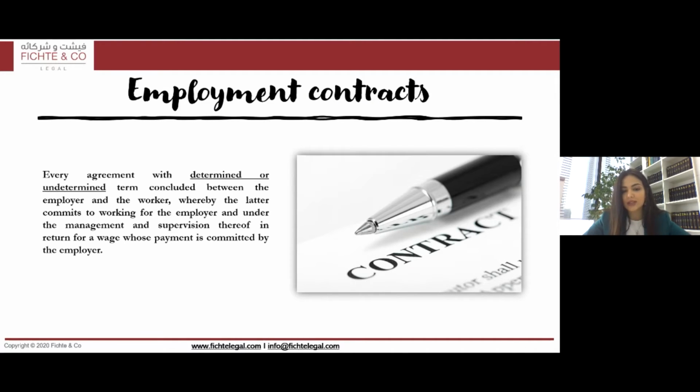As we can see from the definition, the labor law gives two possibilities of contracts, either with determined or undetermined terms. We can see in our next slide the difference between these two types of contracts.